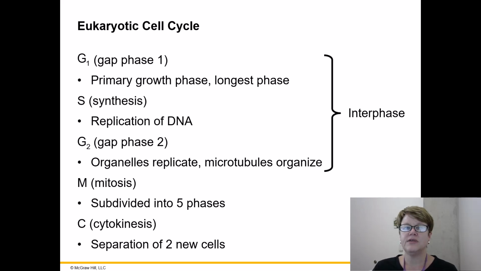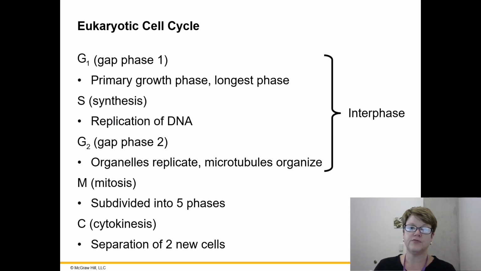Then the cell will go into S phase. S stands for synthesis, but that's not helpful at all. It means DNA synthesis, so you just have to remember that. This is where the DNA is replicated, meaning every monad chromosome is replicated and becomes a dyad chromosome.